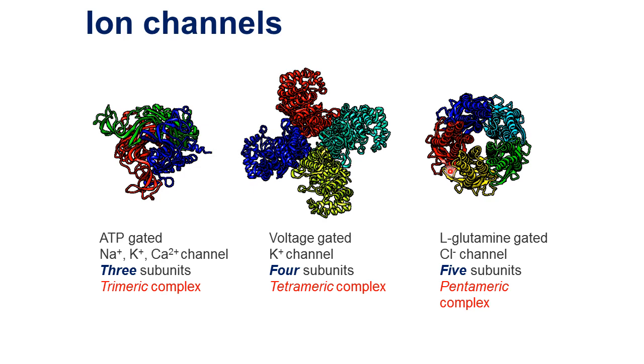And a final example that I found is, for instance, this glutamine gated chloride channel, which is a ligand gated channel composed of 5 identical subunits that form a homopentameric complex. And again, you're looking down the channel.